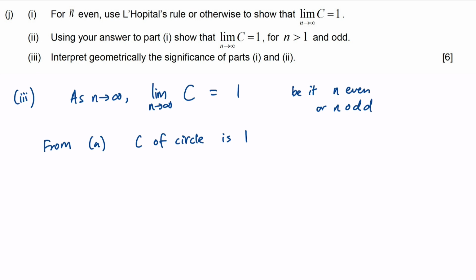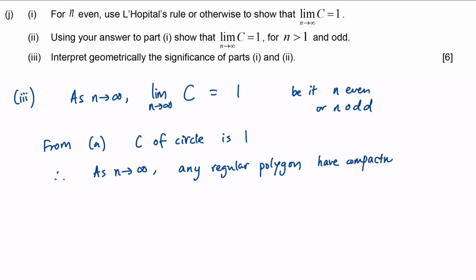So therefore we can tell that as n increases, meaning you get more and more sides, any regular polygon will have compactness approaching that of a circle.